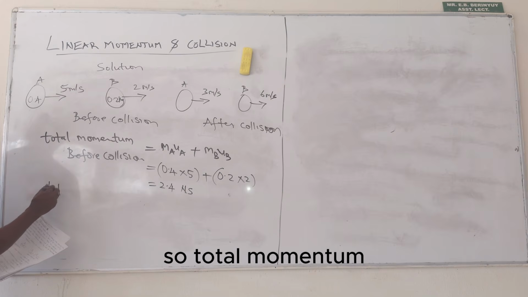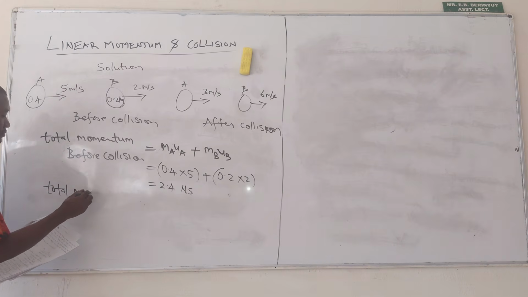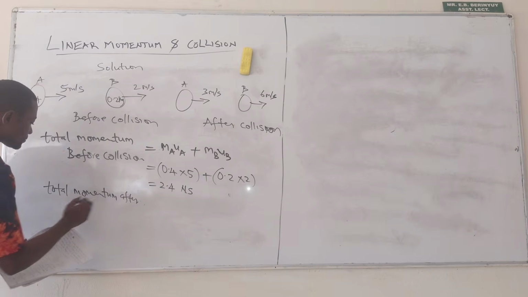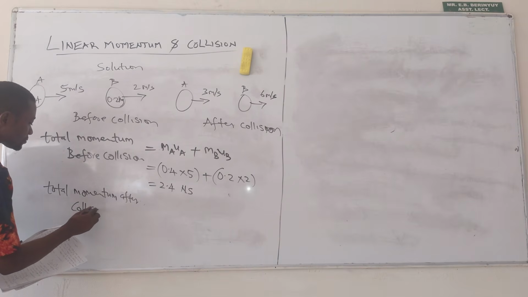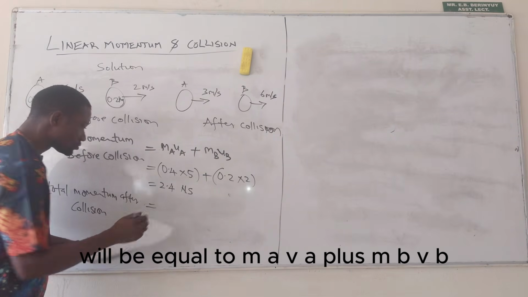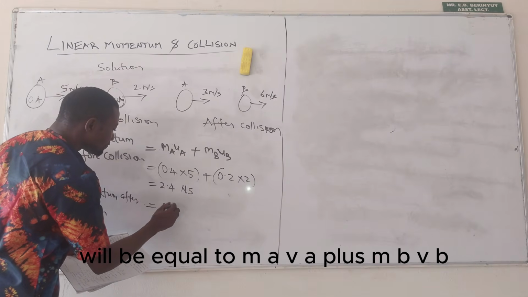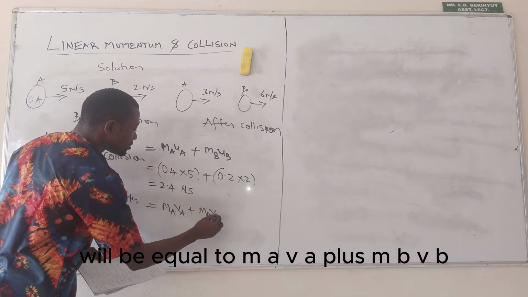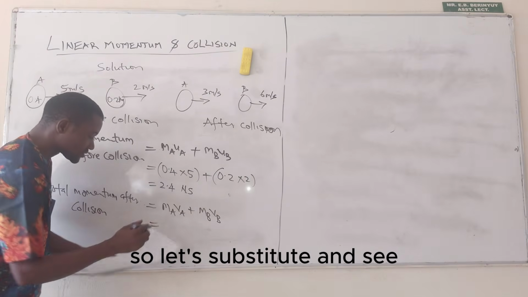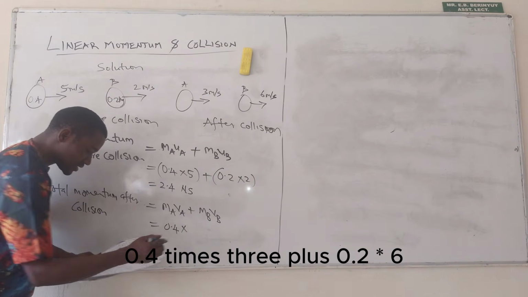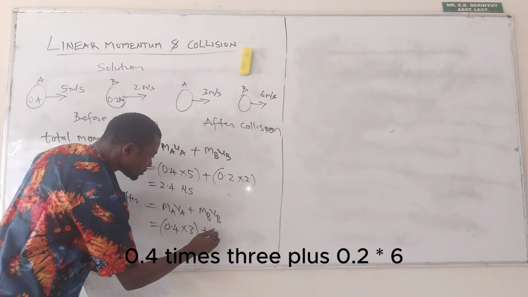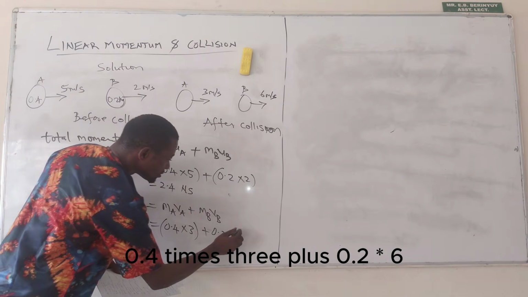So total momentum after collision will be equal to MAVA plus MBVB. So let's substitute and see. 0.4 times 3 plus 0.2 times 6.